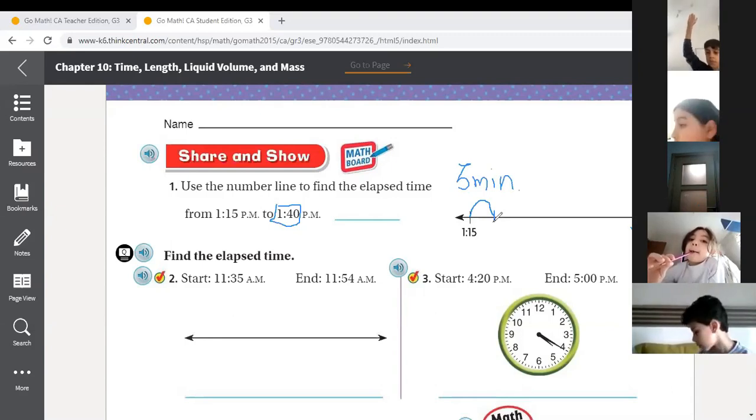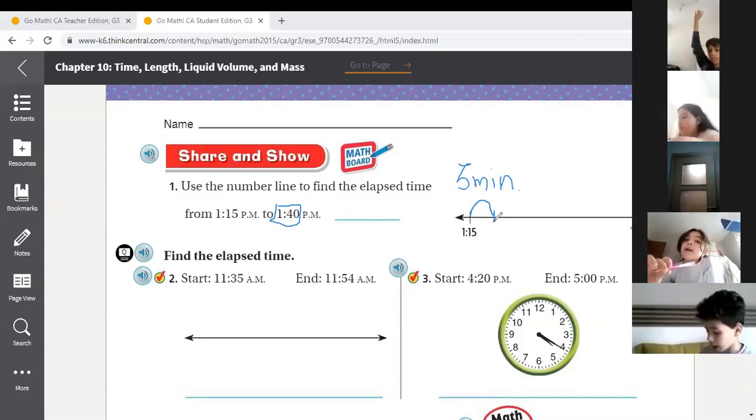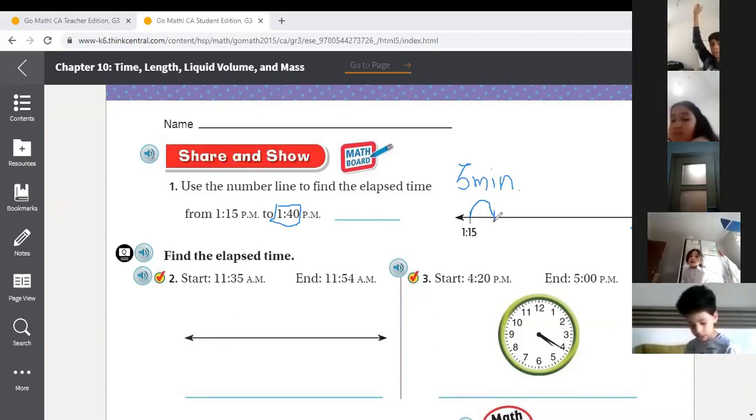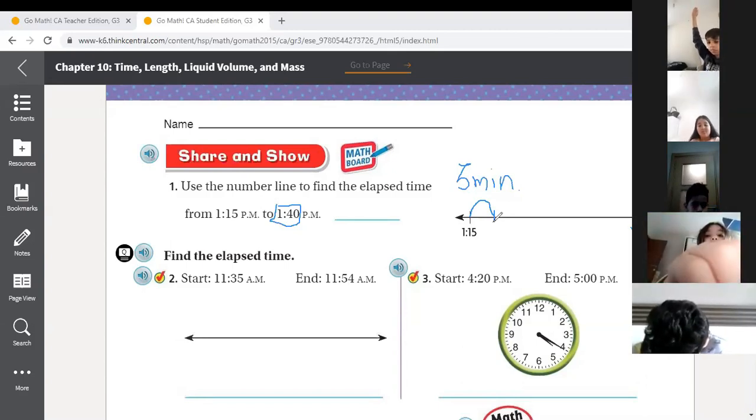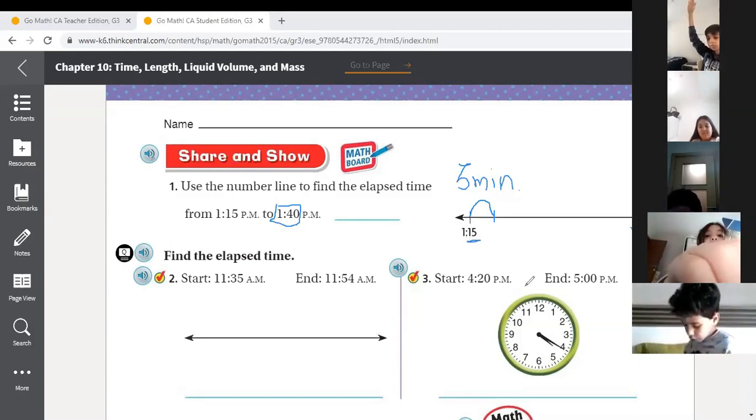Yes, 20. So it will be 1:20, 20 minutes after 1.